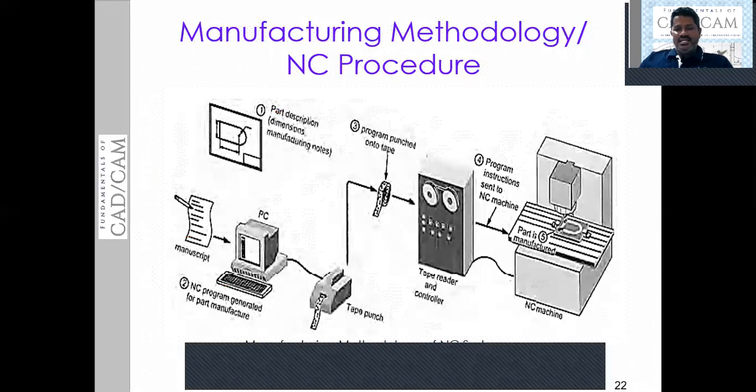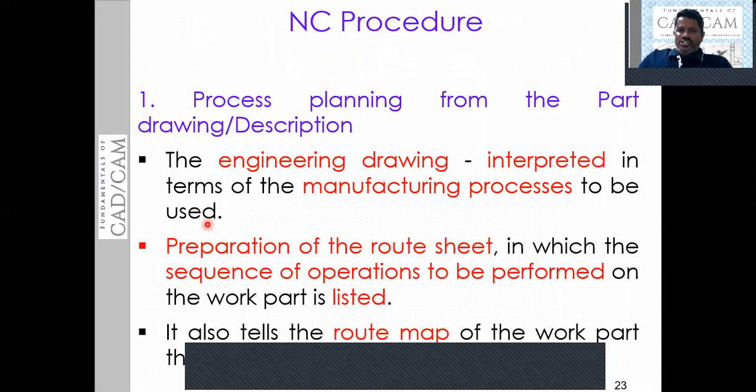As I said just now, the first and foremost step is to prepare the manuscript. This takes its inputs from the process planning, I mean, the part drawings or the design data will be the input to the process planning.